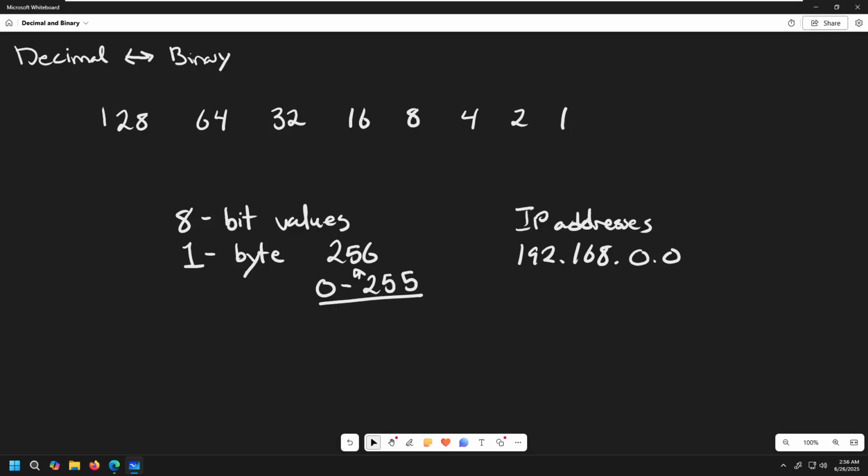And these 4 octets, and by octets I'm referring to these 4 values, can be between 0 and 255, for example. So in these videos, we are going to be focusing on 8-bit values, or 8-bit numbers for both decimal and binary. So let me get rid of this really quickly.